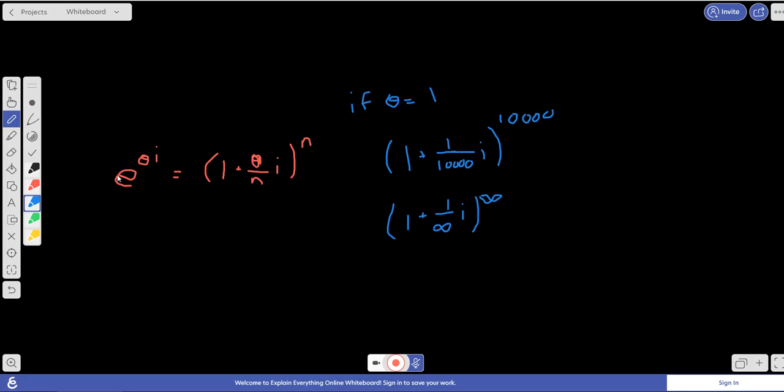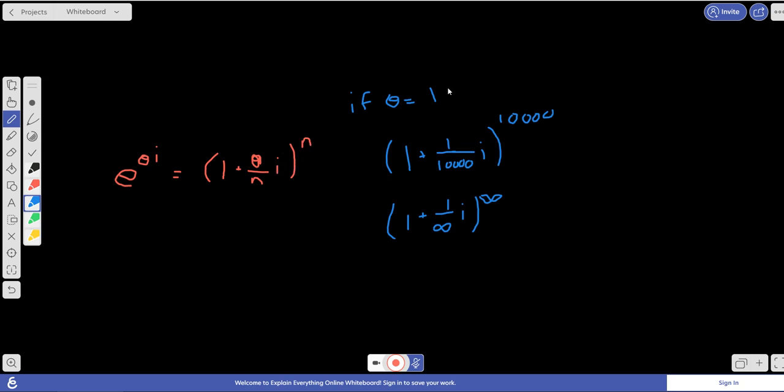So let's return back to how we rewrote e to the theta i in a more friendly complex form, right? Just like is shown in the Mathologer video, we could write it as basically a complex number raised to a power. So we have it here as (1 plus theta over n times i) to the nth power.